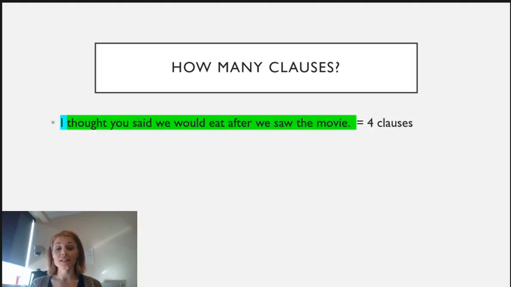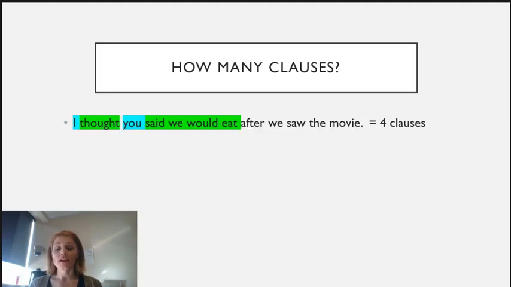All right, so this sentence contains 4 clauses. We have our main clause with the subject I and the predicate, thought you said we would eat after we saw the movie. And then embedded in the first part of that predicate, we have the subordinate clause with our subject you and predicate said we would eat.